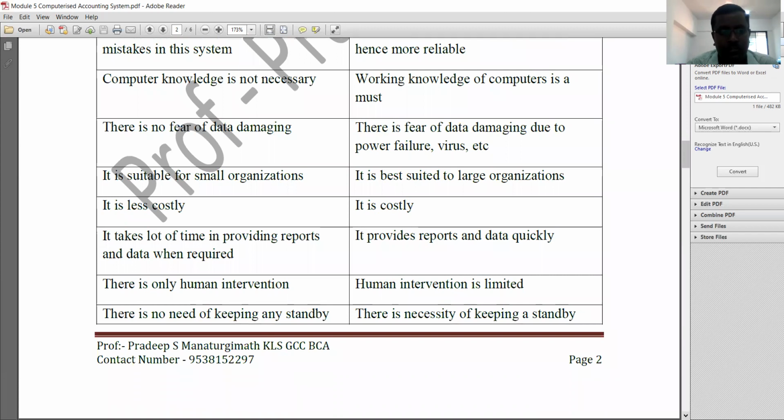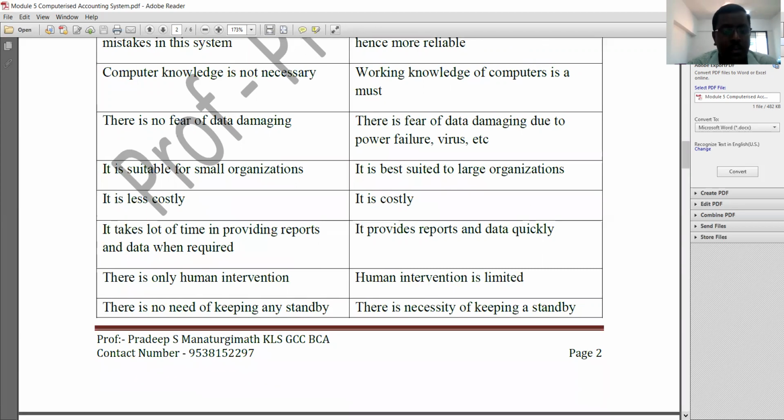Another difference is that to work on a manual accounting system, computer knowledge is not required. But if you have a computerized accounting system, you must have basic knowledge of computers. Then, there is no fear of data damage in manual accounting, because people can't hack it and viruses cannot affect manual accounting records.